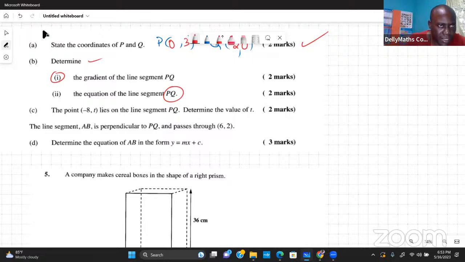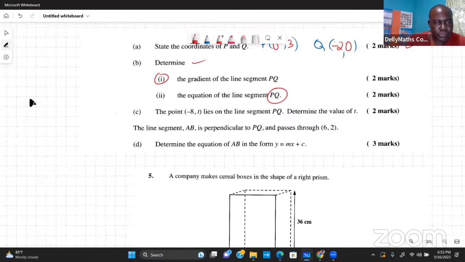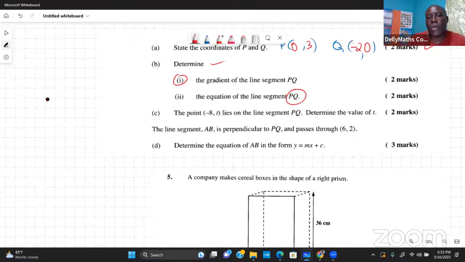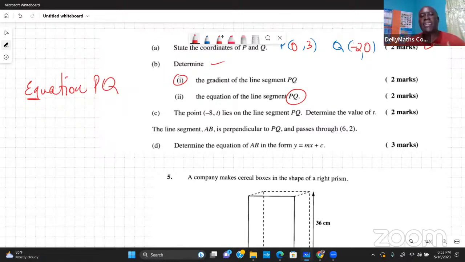If I'm going to write the equation of any line, I want us to pay attention to details. We found out by calculation and by counting that the gradient is 3 over 2.